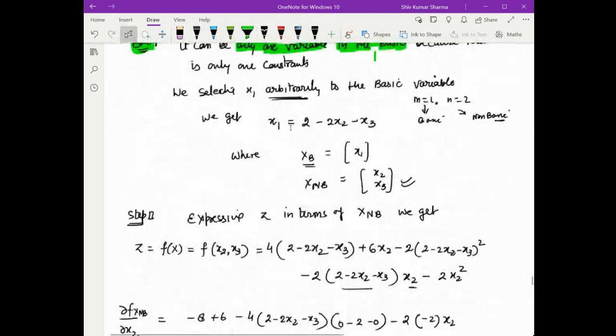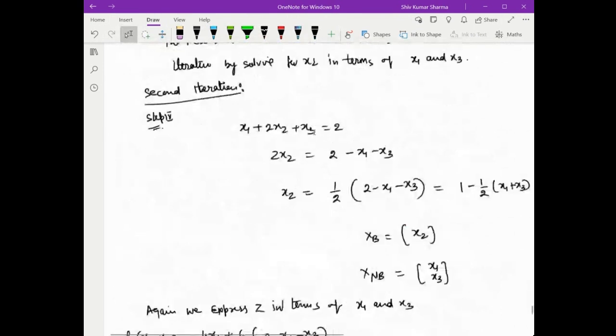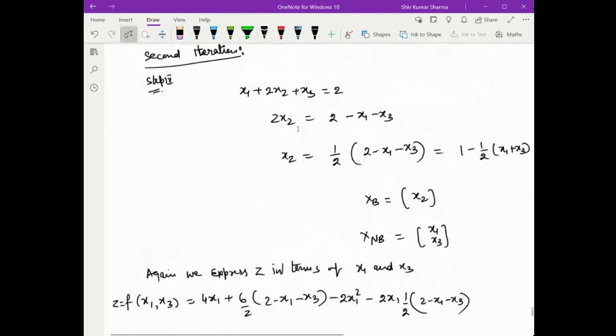Minus 4x1 square. Minus 2x1 square. Minus 2x1 x2, where x2 means 1 by 2 times (2 minus x1 minus x3).